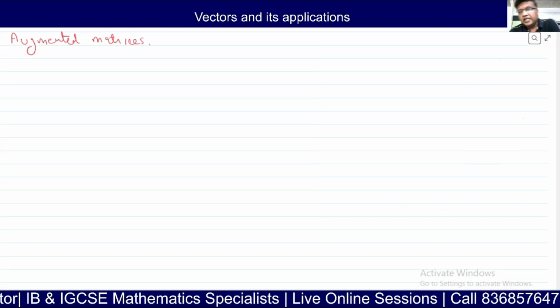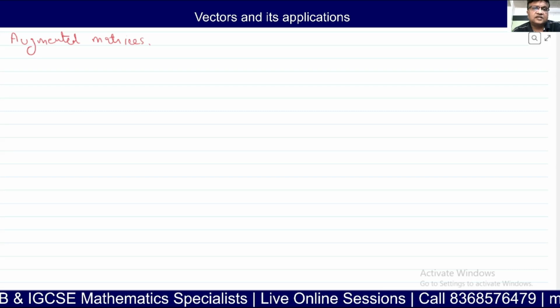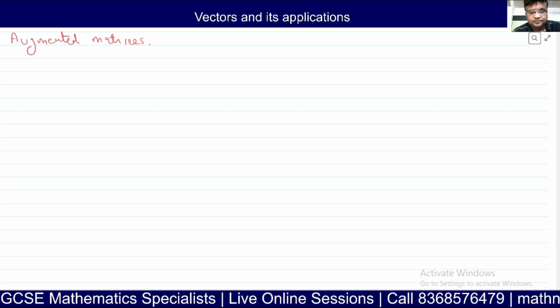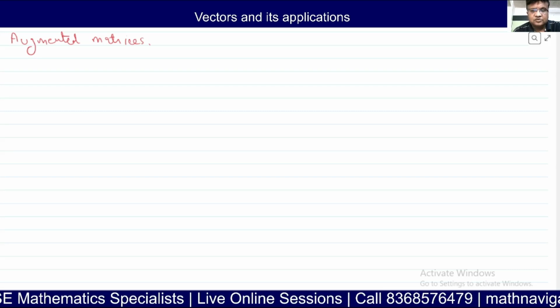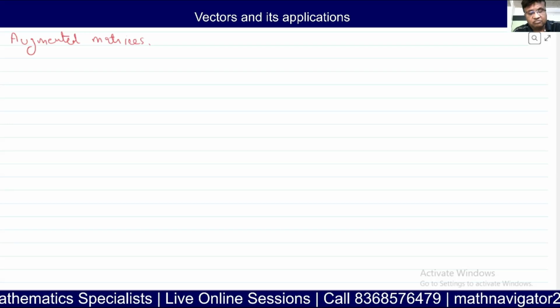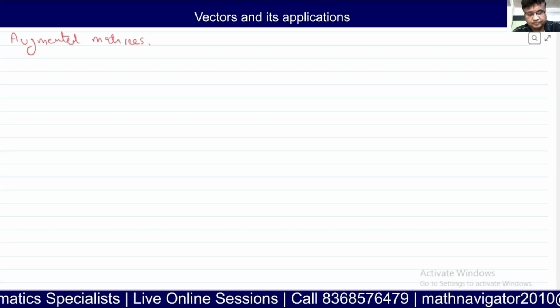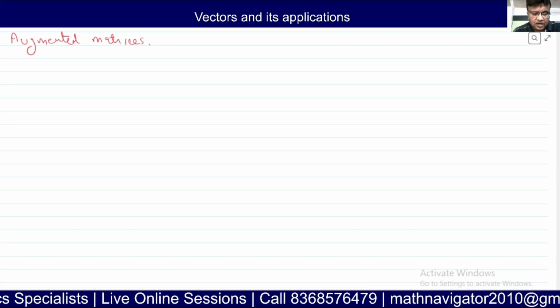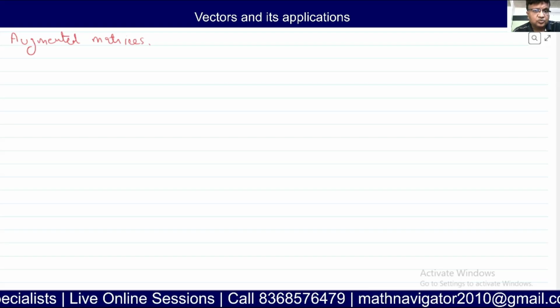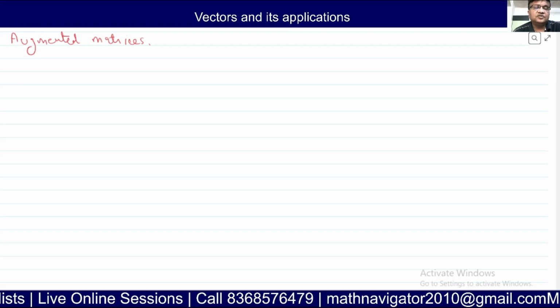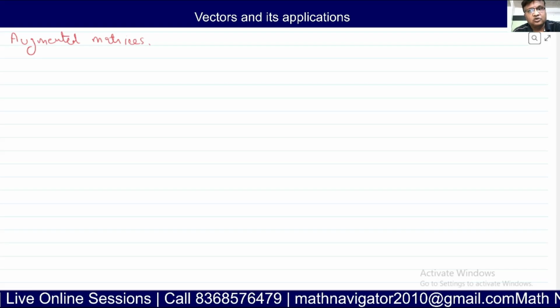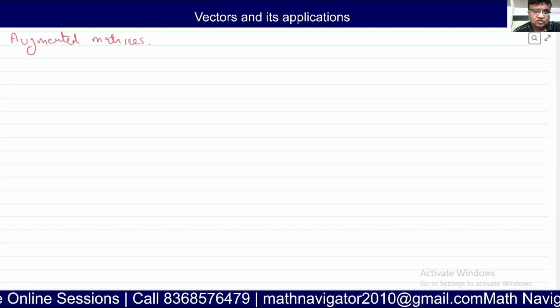So in augmented matrices, we have seen that when we solve equations in two variables, that is two simultaneous equations, or equations in three variables, that is three simultaneous equations, we can have a unique solution, no solution, or infinitely many solutions.